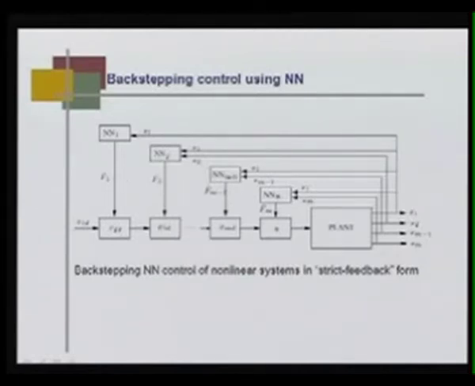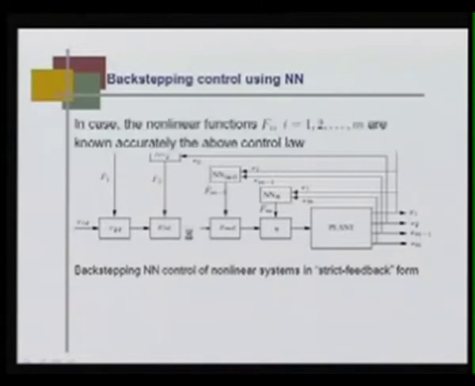The first f1 is approximated by neural network 1 whose input is only x1, and the second neural network NN2 takes the inputs x1 x2, as I showed you earlier. So, the output is f2 hat and I get x3d, you can easily see that.